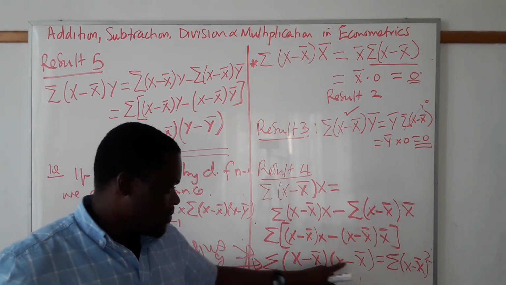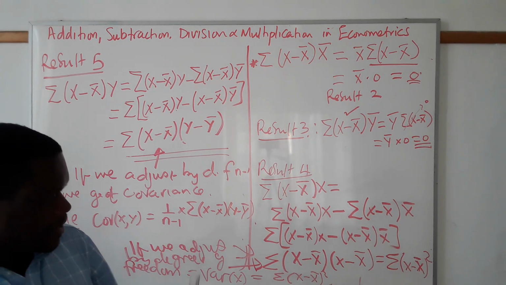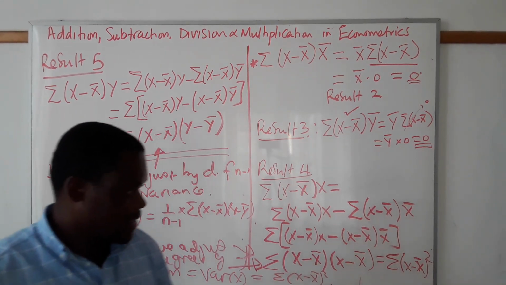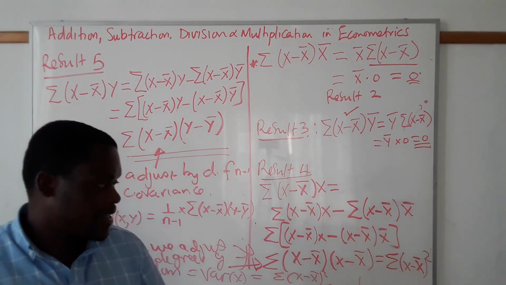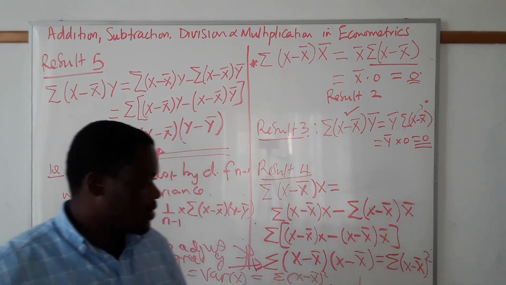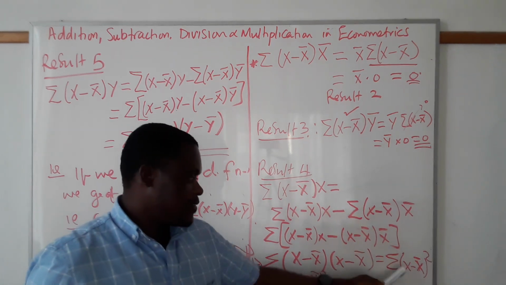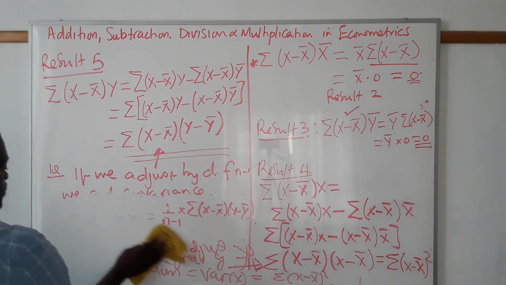It's the same term that we are multiplying itself with. So you will get x minus x bar squared. You will recall from the formula for variance that this is an integral component for the formula for variance. If we adjust it for degrees of freedom, then we have our variance.